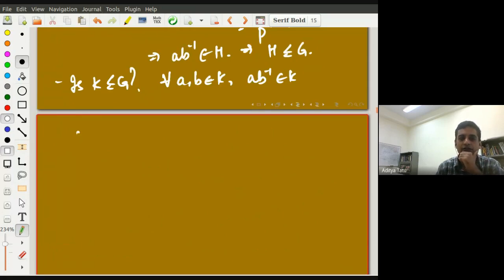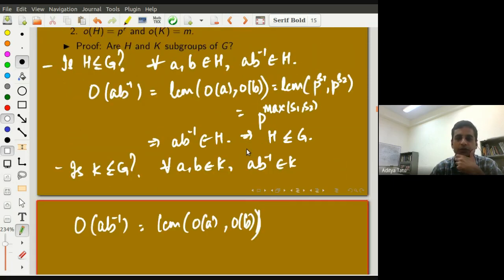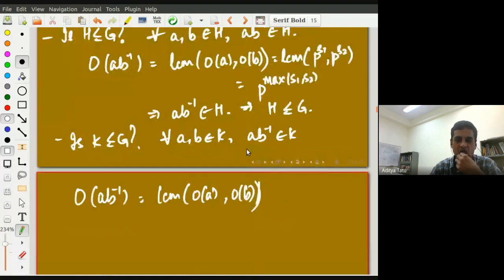So what is the order of AB inverse? Same, right? LCM of order of A and order of B. What do we know about order of A and order of B?